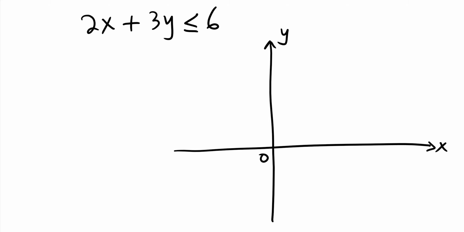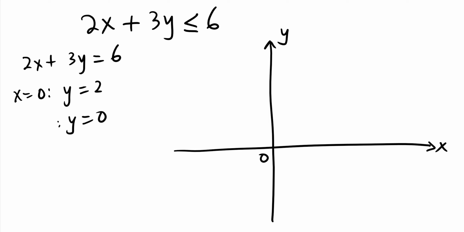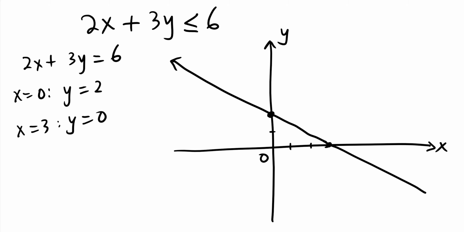So we rewrite it as an equation first. Take x equals 0, you get y equals 2. Take y equals 0, you get x equals 3. So (0, 2) and (3, 0). We connect them, put the arrows. It's a solid straight line, because it's or equal.